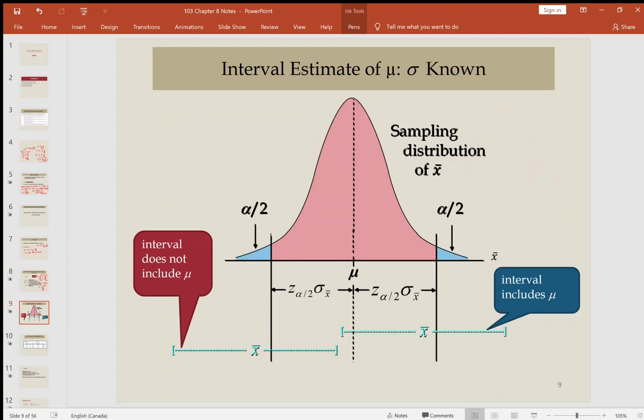As I was explaining, this is a standard normal distribution. The middle value is the population mean, and what we are going to find is an interval such that we have alpha by 2 areas in each tail. This is known as the sampling distribution of x bar, as we covered in chapter 7.